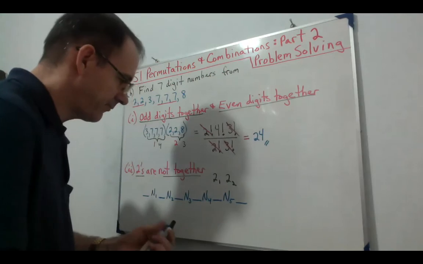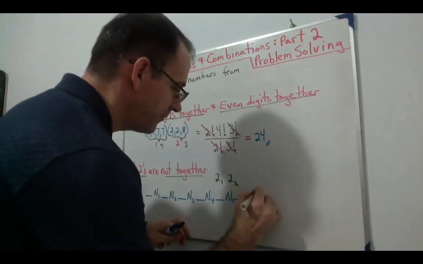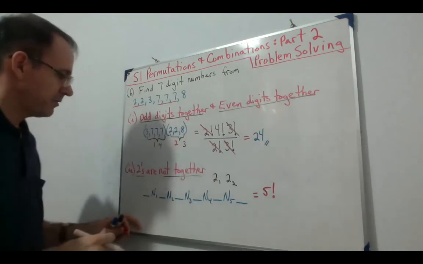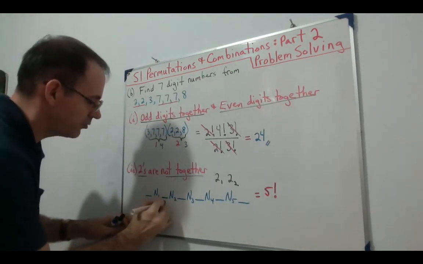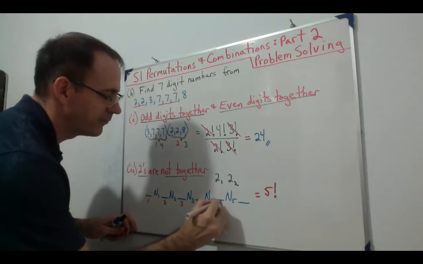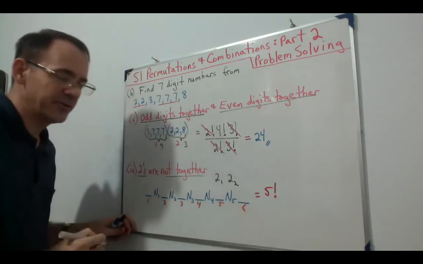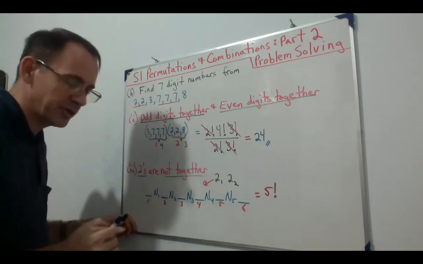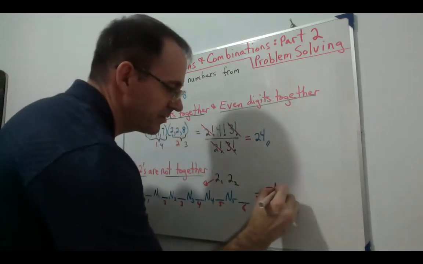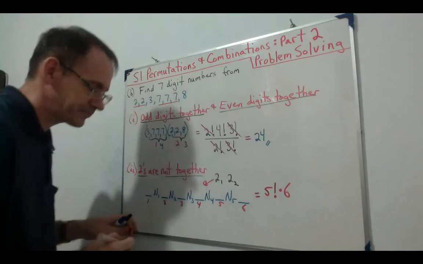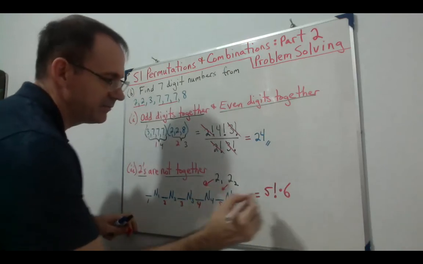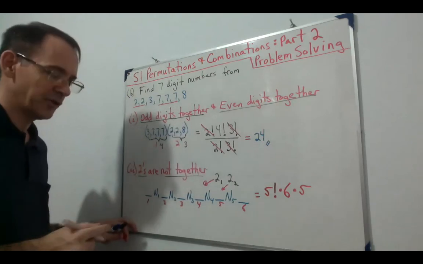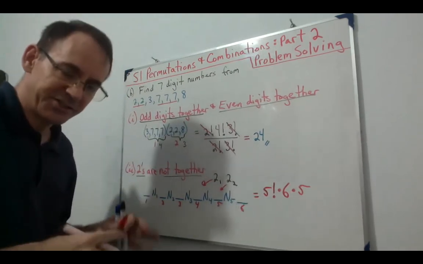So we start off with 5 factorial. Then there are 1, 2, 3, 4, 5, 6 different spaces that our first 2 could go into, so times 6, and then that leaves 5 different spaces for the second 2 to go into. The other spaces just collapse.